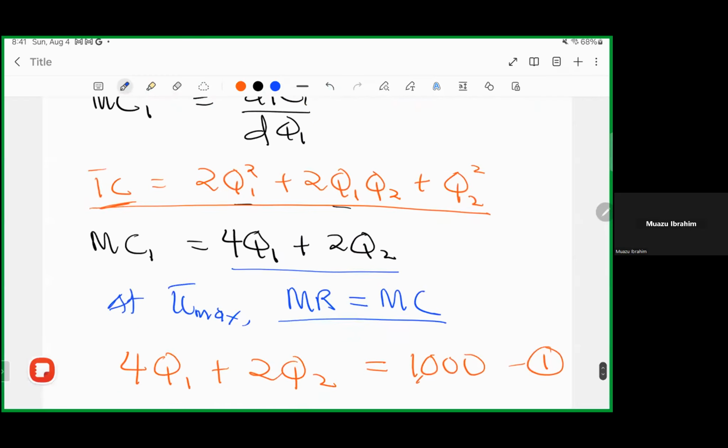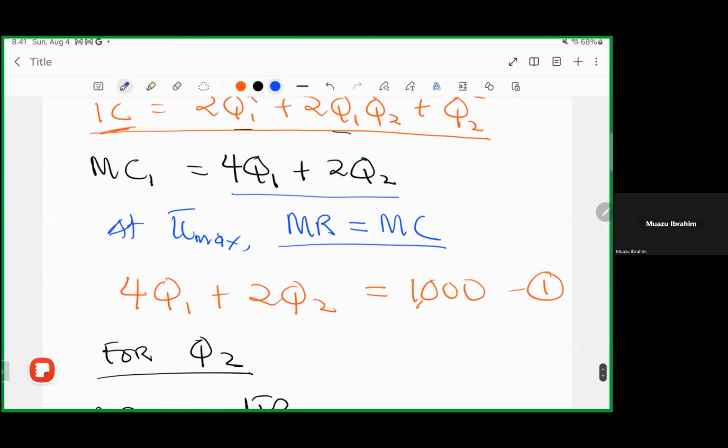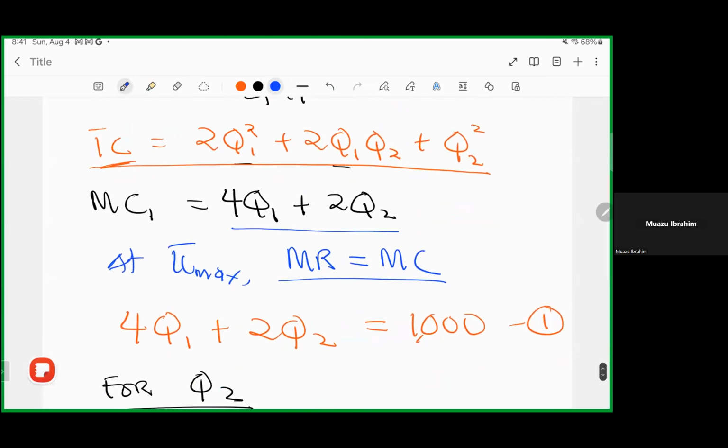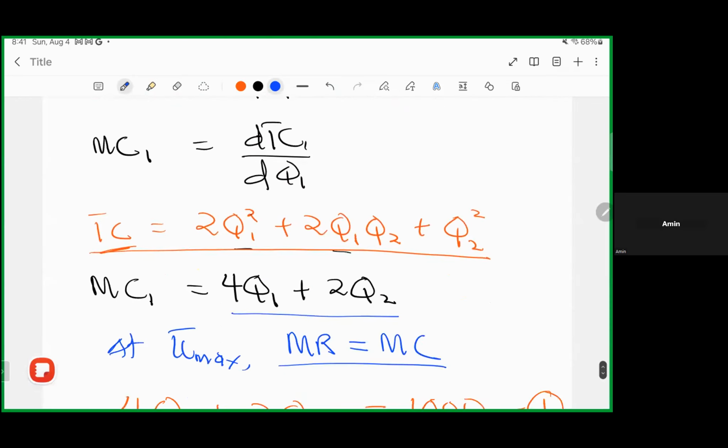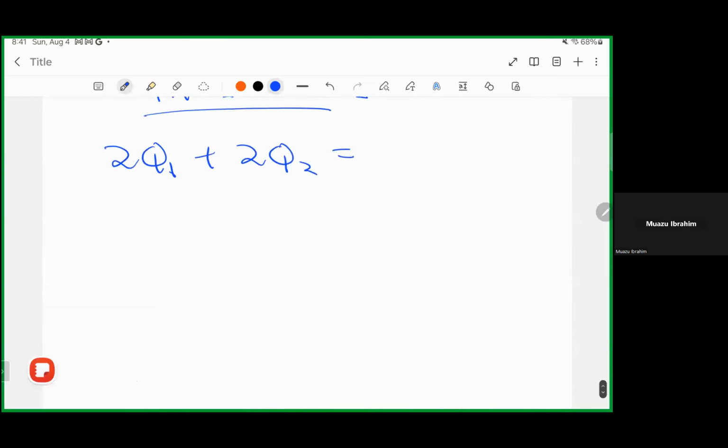So here we are also going to equate marginal revenue. Here it will be equal to 800. So let's have equation 1 and equation 2.